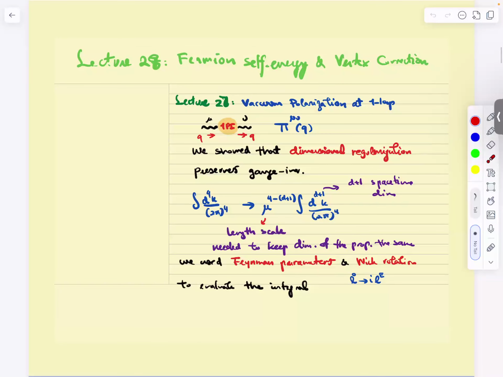Yeah, there's a length scale. What we do is modify the integration over space-time to d plus 1, and we're going to be working primarily in 4 minus epsilon space-time dimensions. Sorry, my d here is 3. I'll come back to this.